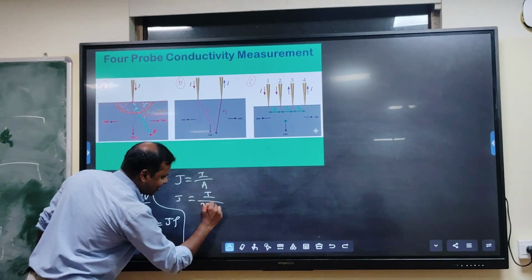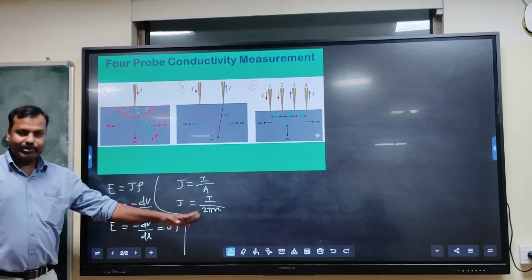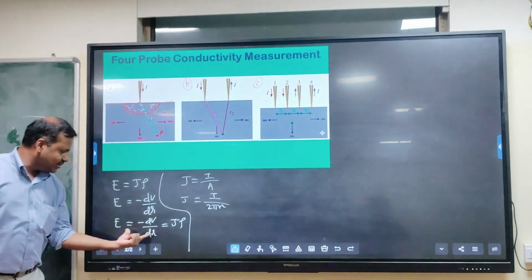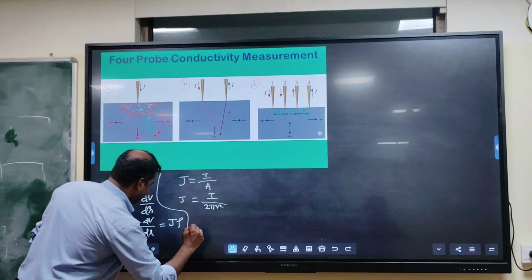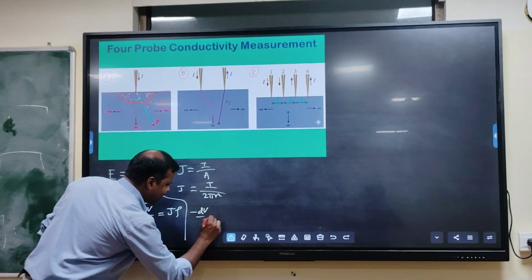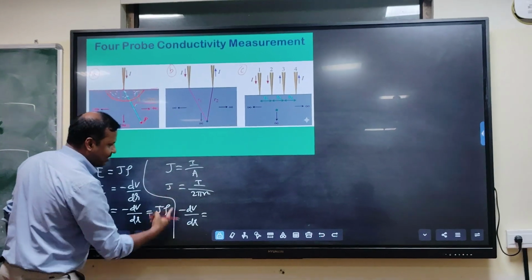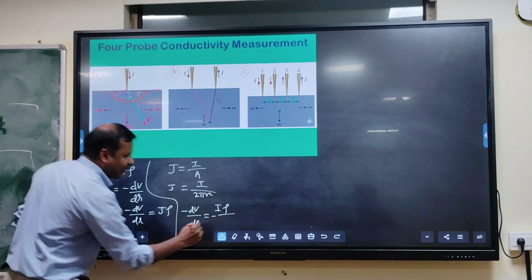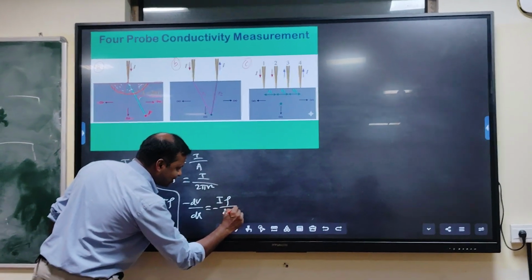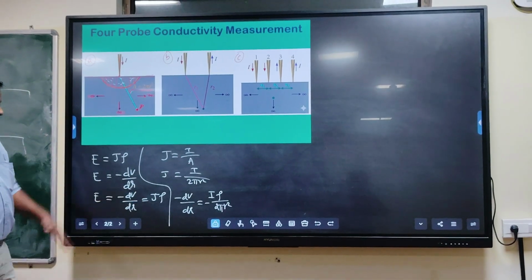J is equal to I by 2 pi r square. Substituting this J value, minus dV by dr is equal to J into rho, so we get minus I rho by 2 pi r square.